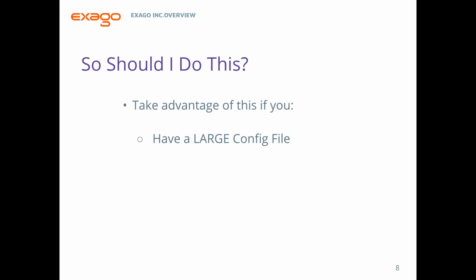So 90% of your values are the same, and then you're making a few changes just per user to your base config. You might take advantage of this then because you could have one static config file and then keep those smaller changes in just these dynamic files. So that would give you the advantage of not having to maintain quite so many large files.